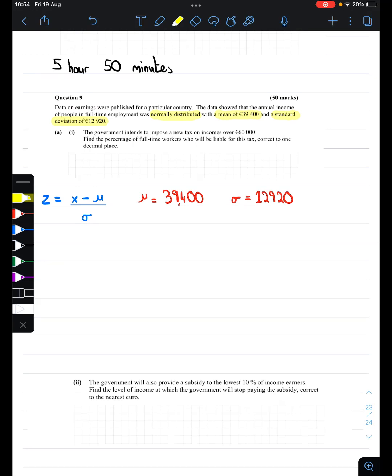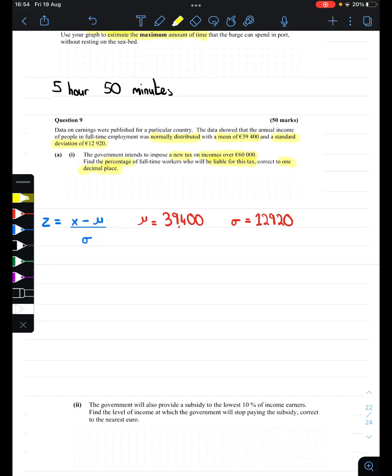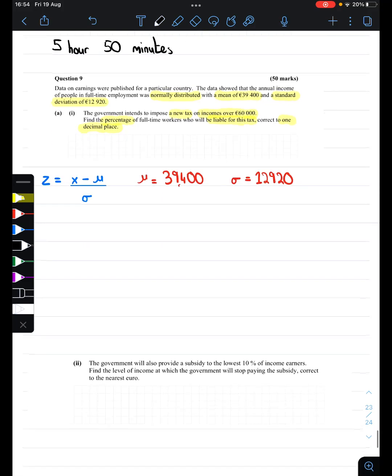The government intends to impose a new tax on incomes over 60,000. Find the percentage of full-time workers who will be liable for this tax, correct to 1 decimal place. Okay, so let's try and visualize this. So earnings are normally distributed with a mean of 39,400.